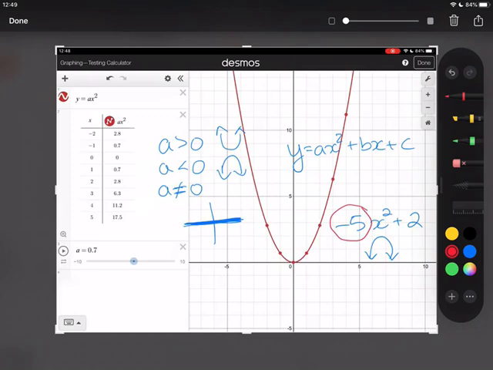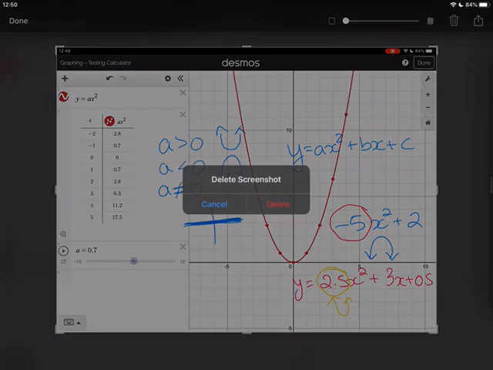If I have an equation that looks like this, I know that this graph definitely opens upwards because a is positive. So I can confidently say that about my graph. That is a property all quadratics have based on what a is, and it's worth noting.